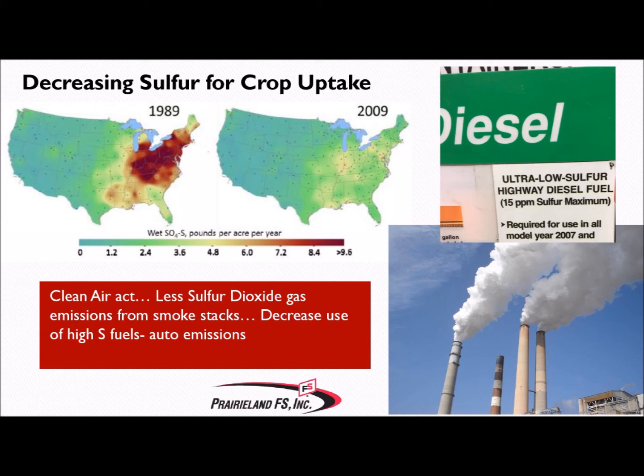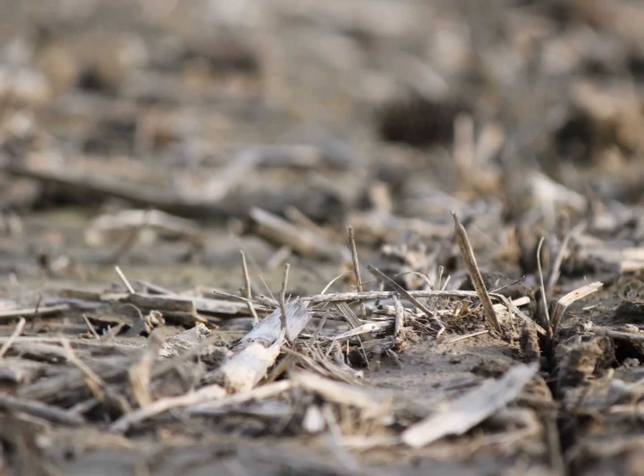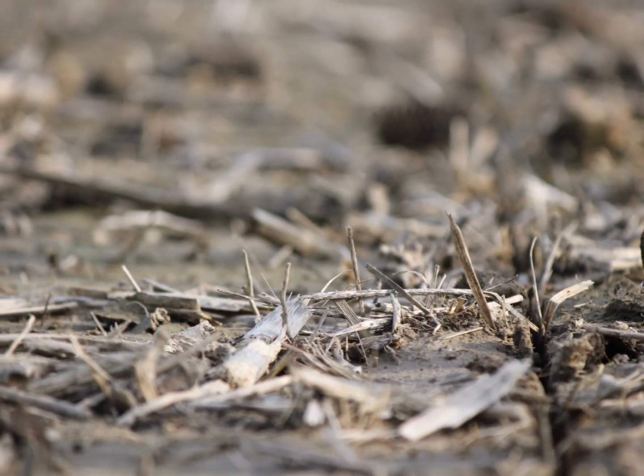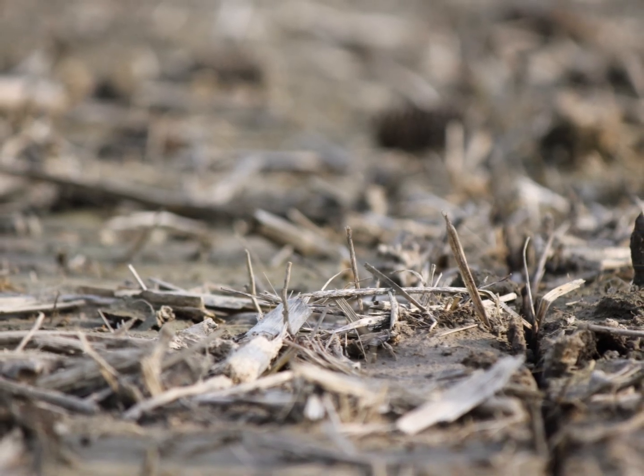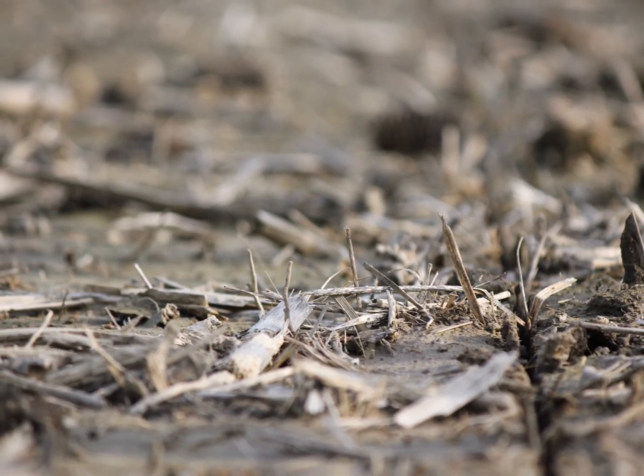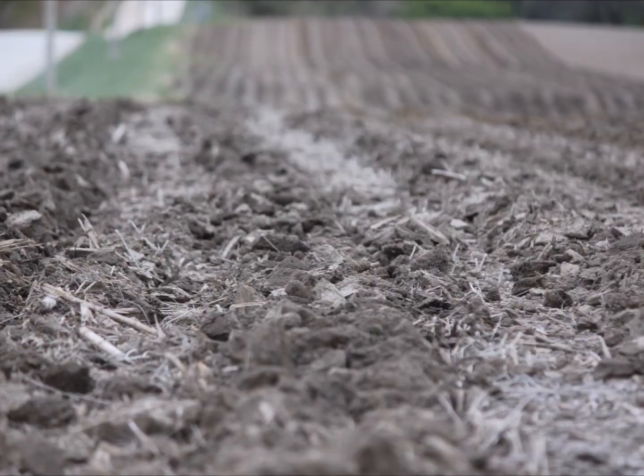The Clean Air Act mandates industries to reduce sulfur dioxide emissions from the burning of fossil fuels, in this case in the Midwest at least from coal-fired power plants, but there are other sources as well. So this reduction in atmospheric sulfur is considered a major causal agent for the reduction of sulfates found in our soils, and it's highly correlated to sulfur deficiency in crops here in the Midwest.